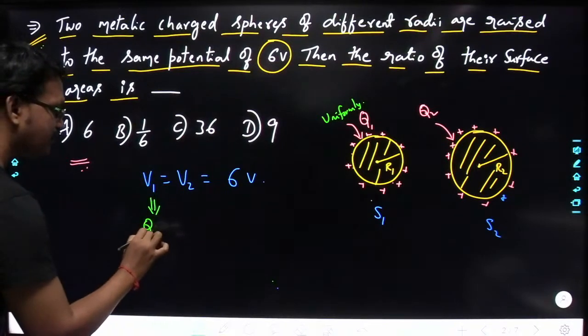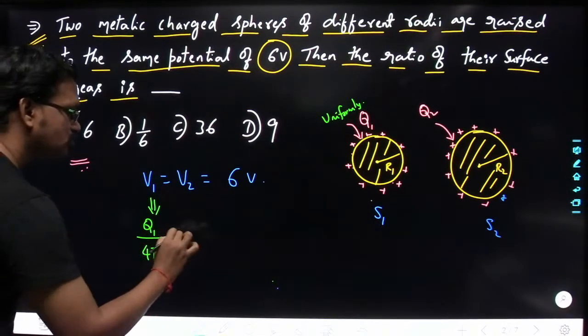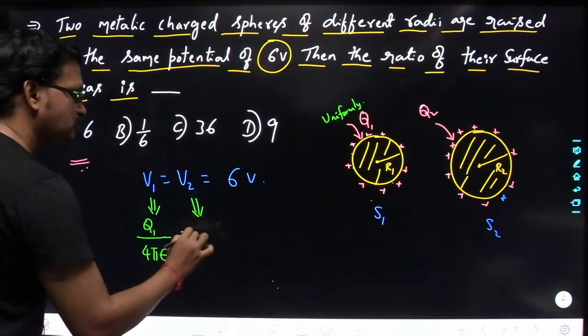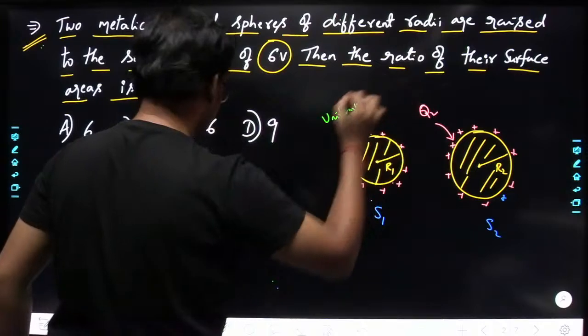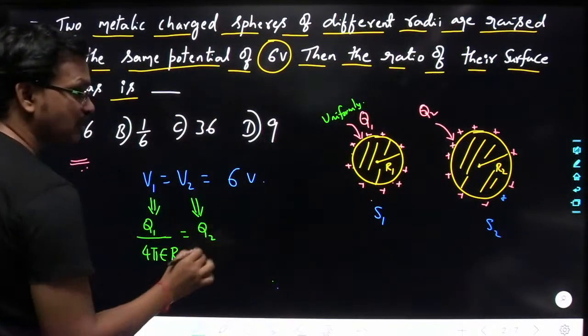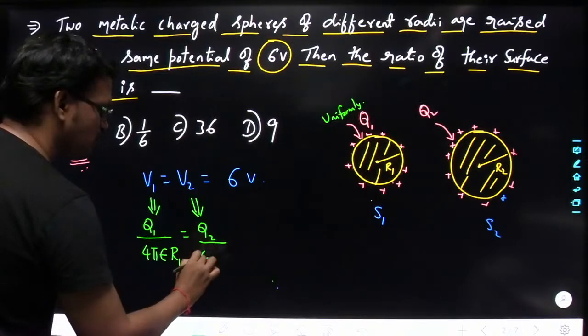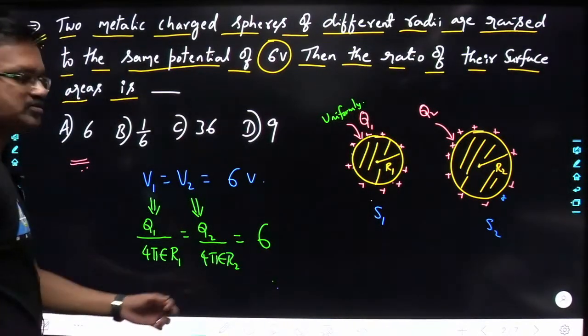So V1 is equal to Q1 by 4 pi epsilon R1. For V2, let us assume the charge is Q2. The potential on the surface of sphere S2 is Q2 by 4 pi epsilon R2, which is equal to 6 volts.